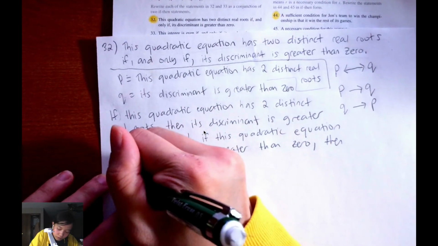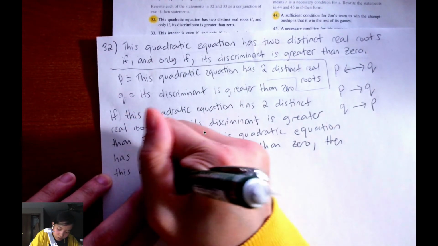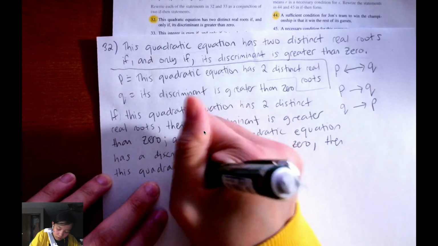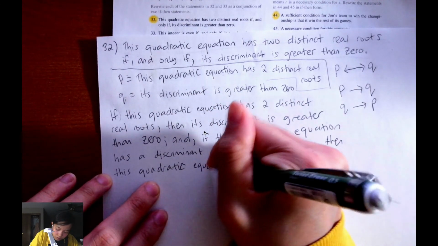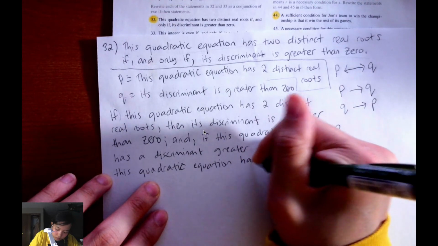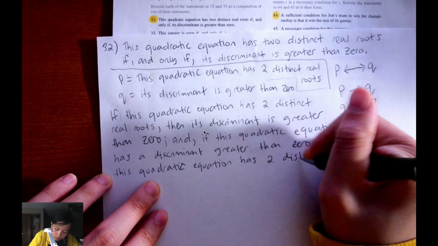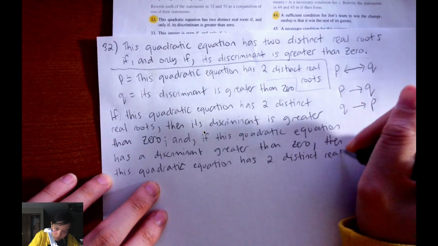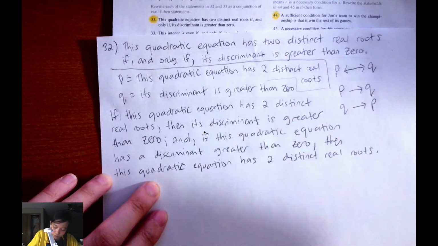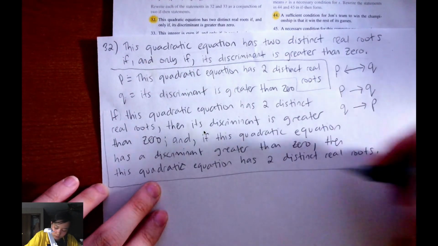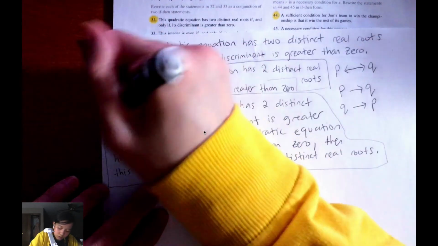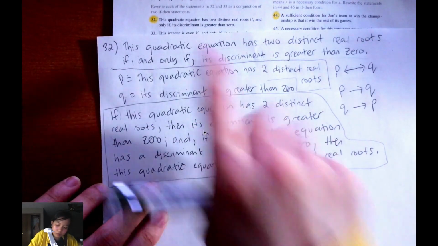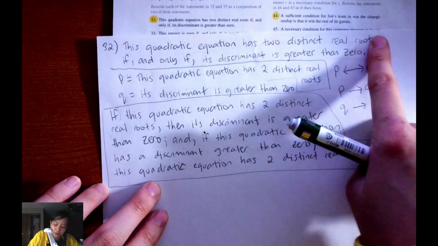So then this quadratic equation has two distinct real roots. And there we have it. This sentence right here, its meaning is the same as this if and only if sentence up here.